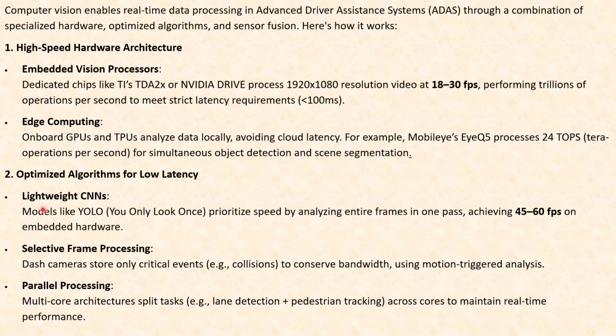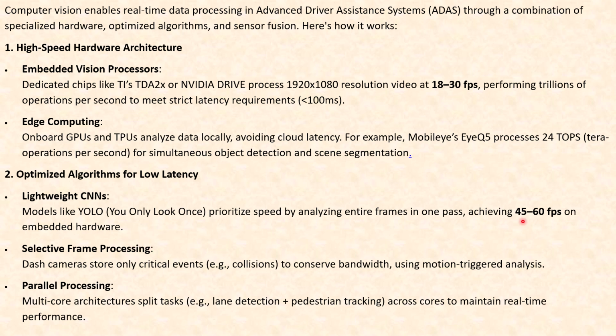Okay, now when it comes to optimized algorithms for low latency, what are these? You use lightweight CNN models, which include models like YOLO. They prioritize speed by analyzing the entire frame in one pass, achieving 45 to 60 FPS on the embedded hardware.